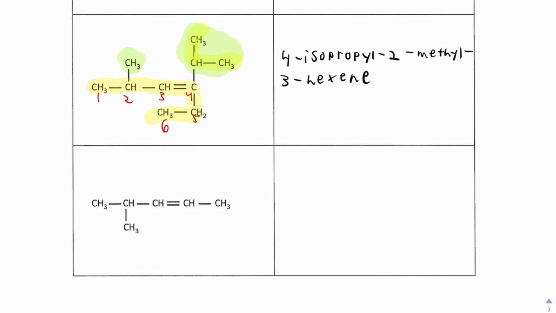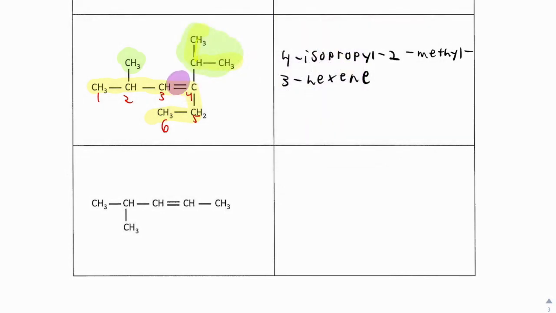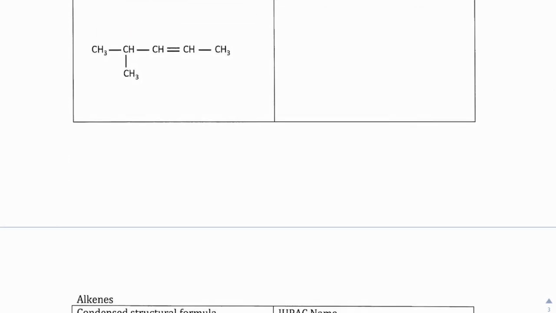Hexene. Again, I wrote 3 here to indicate that there is a double bond happening at 3. Do you guys see that? Cool? Cool. Move on.